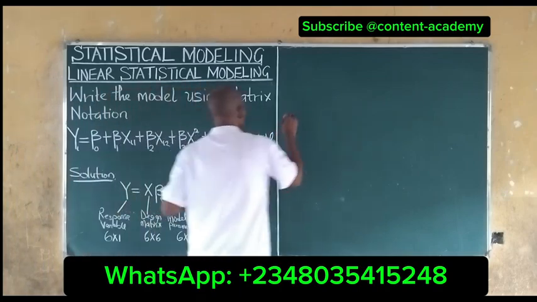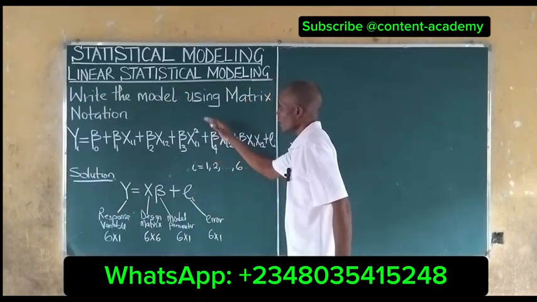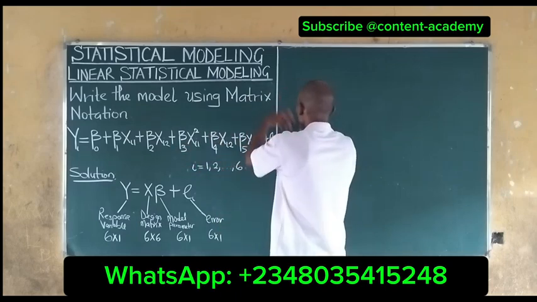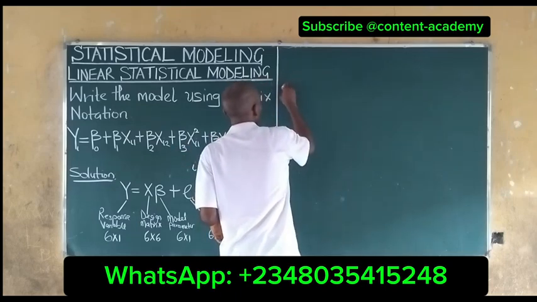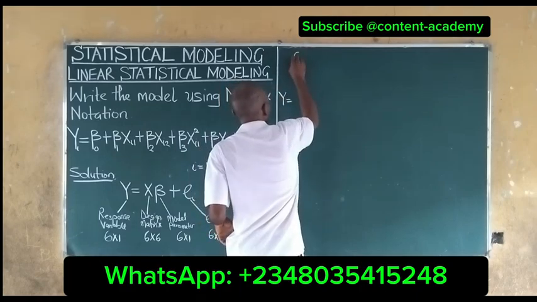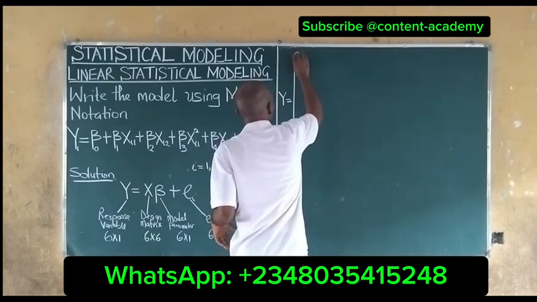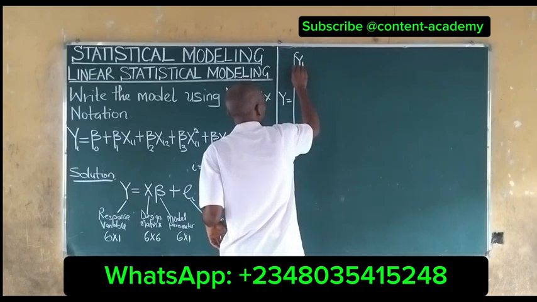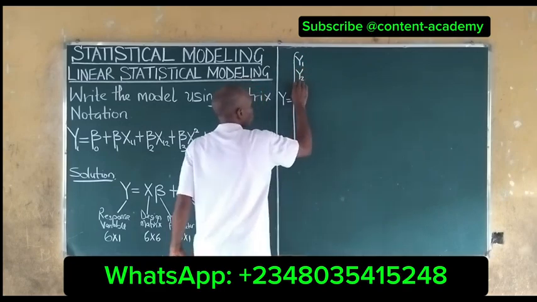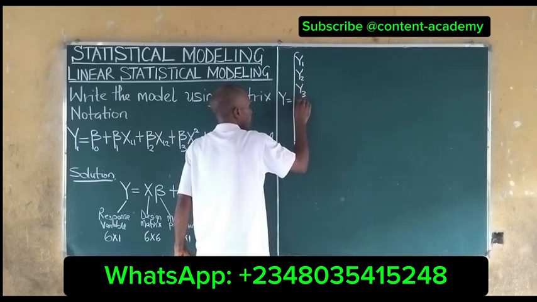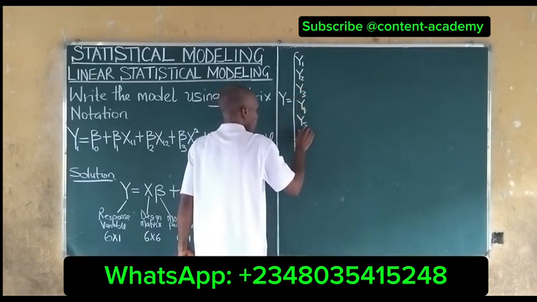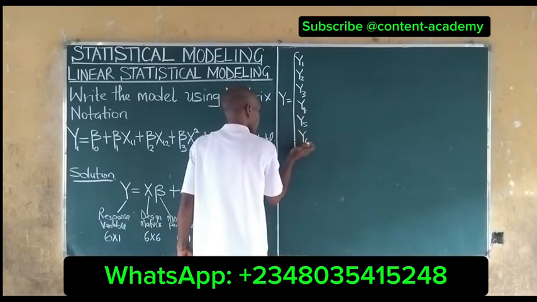So the next thing to do is to put the whole of this into a matrix format. The first one is y. Y we said is a 6 by 1 matrix, which is y1, y2, y3, y4, y5, and y6.